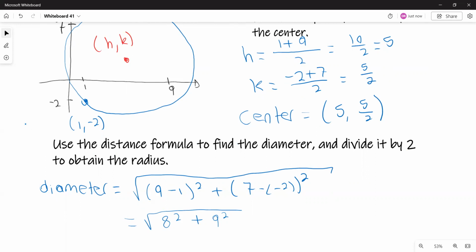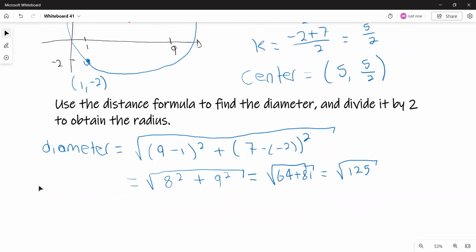At the end it's 125, but that's the square root of 64 plus 81. But 64 plus 81 is 125. So the diameter is the square root of 125, and the radius is going to be half of that.